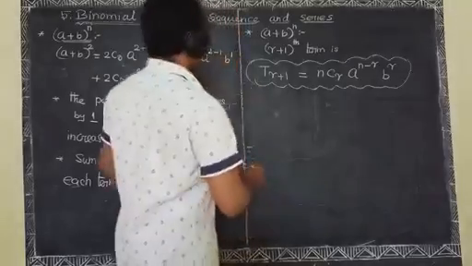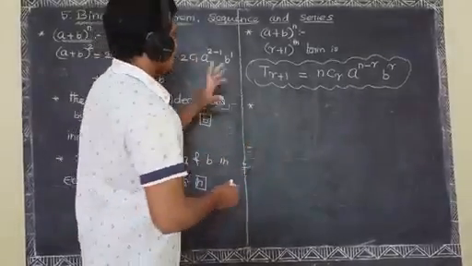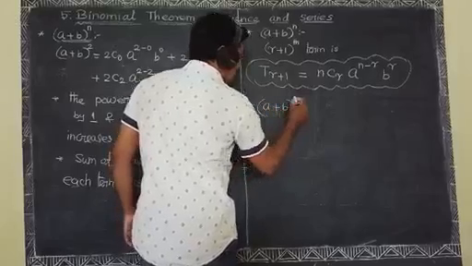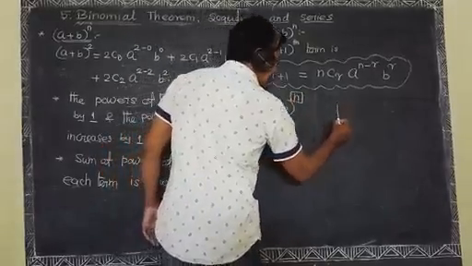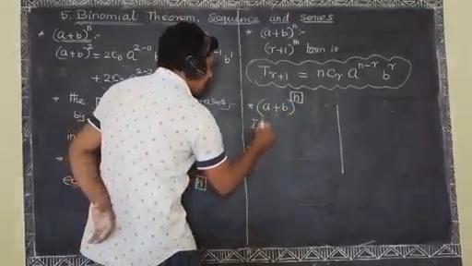Okay, here the property number 5. Suppose the binomial expansion whole power n, if n is even.